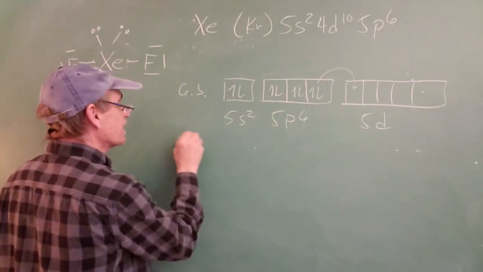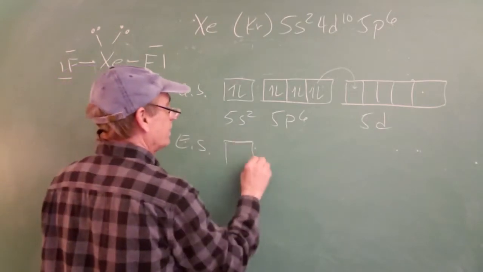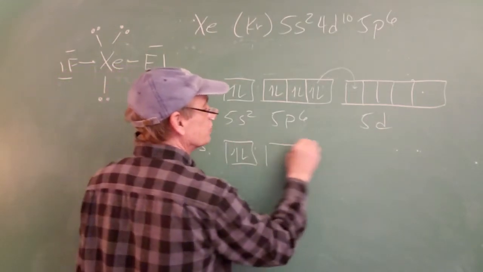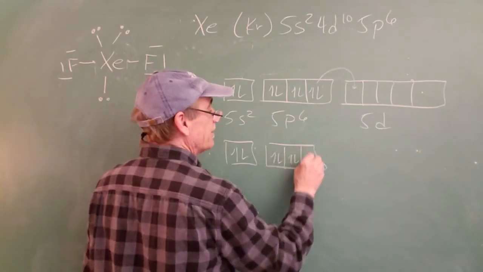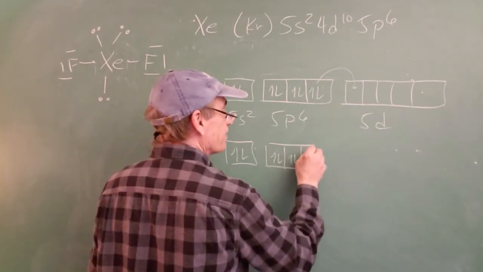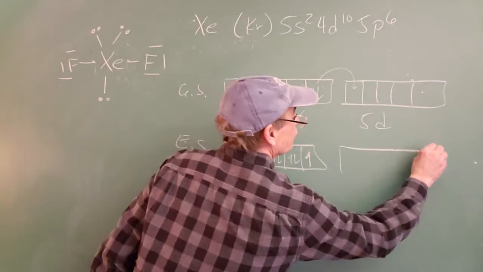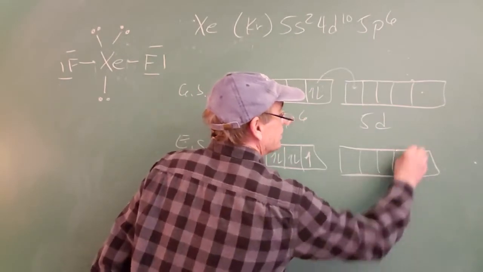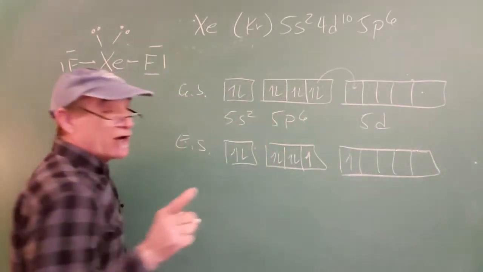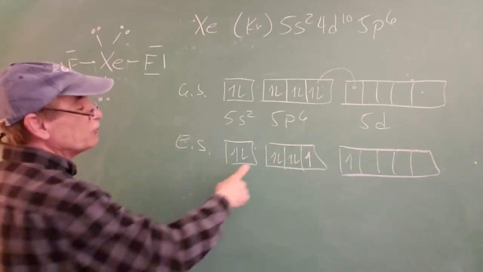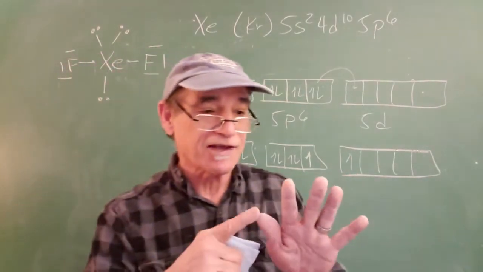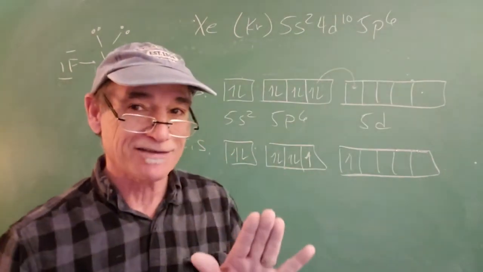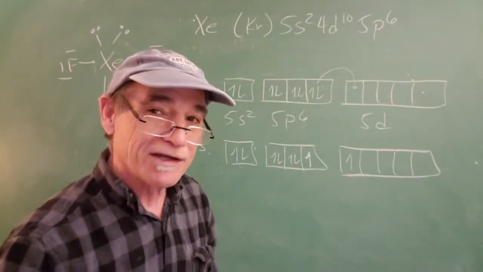So let's draw an excited state, where we've still got the 5s2, because we didn't have to split it up. We still got a couple pair in the 5p. We've got a single in that last 5p, and we put a single out here in that first 5d. Now, we already knew we were only going to use 1 of the d boxes, right? Because this is a 5-legged molecule, so that's sp3d hybridized. So we knew where we were headed with this.